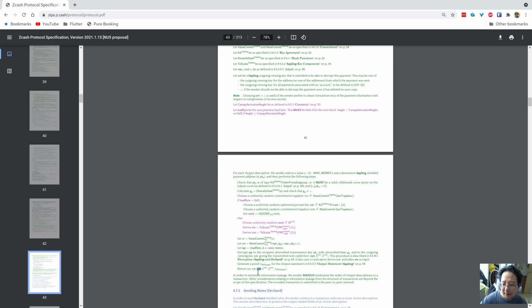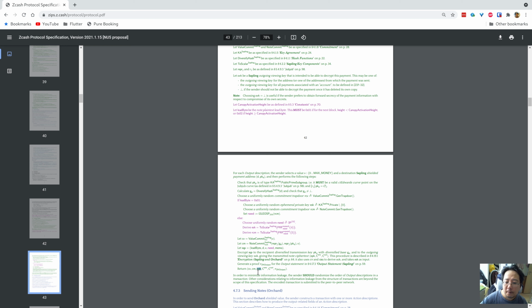So there's a second key which is called the output viewing key, OVK, which allows A to decode the same transaction. There's a special provision for that in the protocol, which allows user A, using the OVK, to decrypt the note that he sent to B.